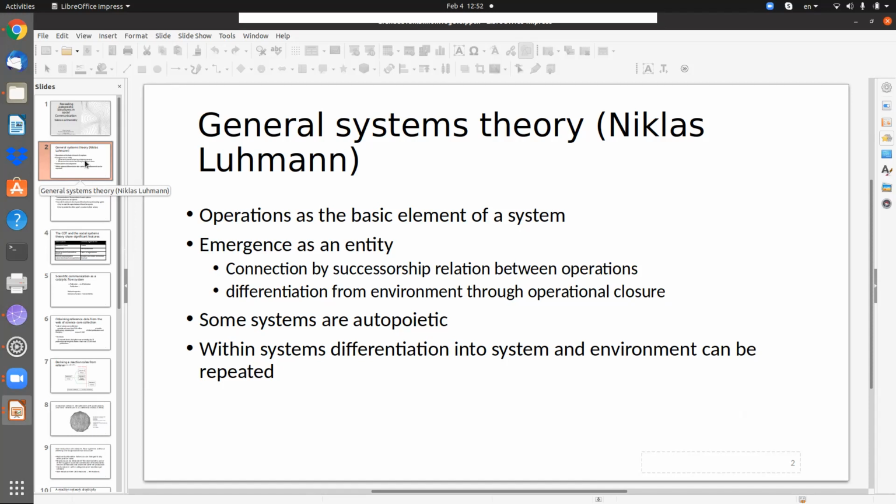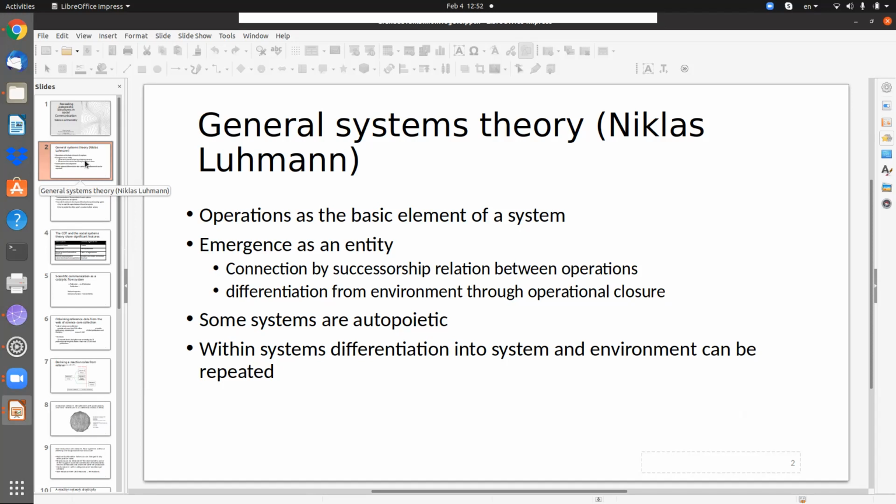First he did some observation on systems in general, and he identified operations as the basic elements in a system. And an operation can lead to following operations. And second, what for us is a system is some new emergent entity.